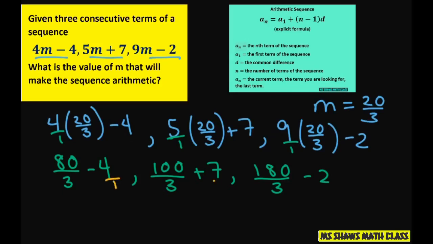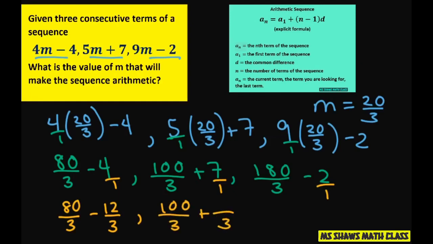These are all over 1, so my common denominator is going to be 3. 3 times 4 is 12, 3 times 7 is 21, and 3 times 2 is 6.